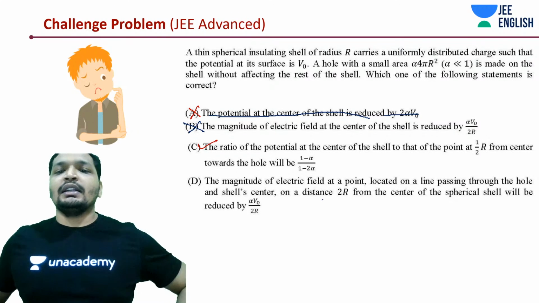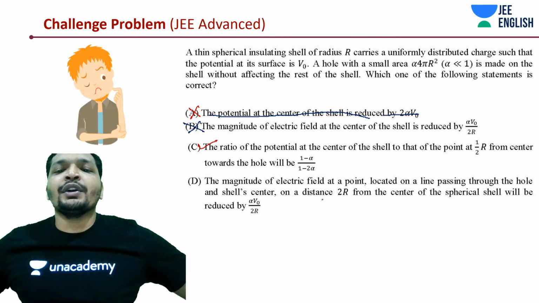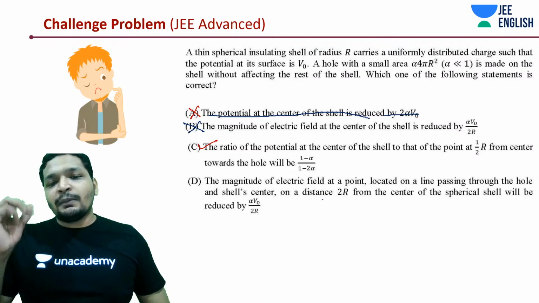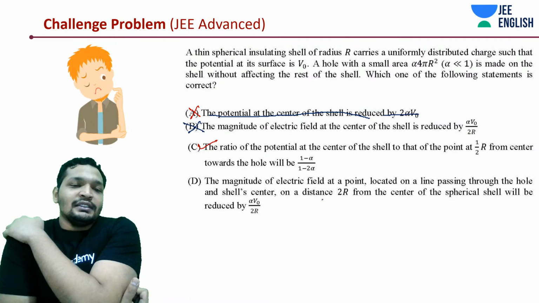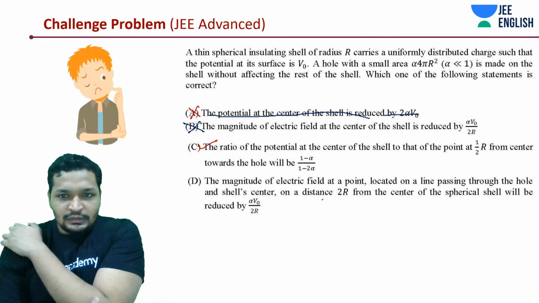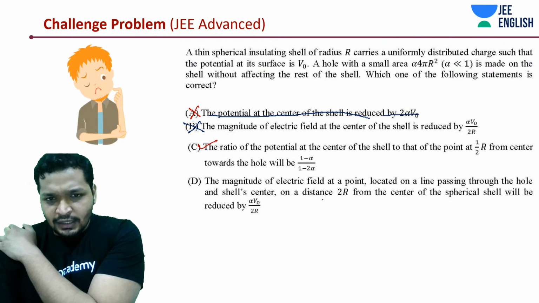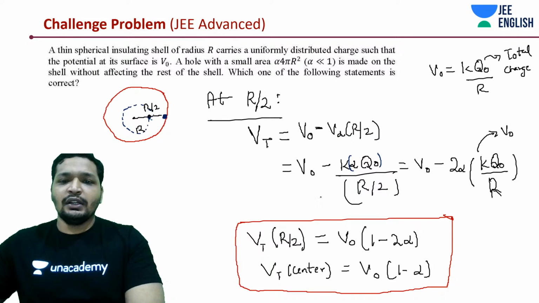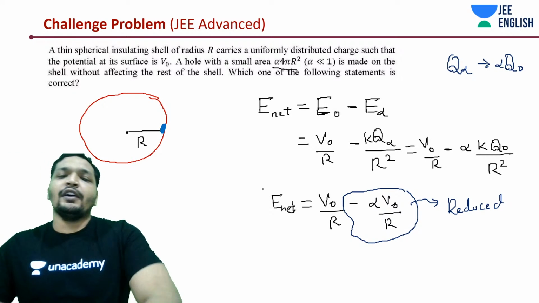On a 2R distance, one is going to be from distance 2R, which is the total sphere, whereas the point charge is, if it had been in the center, on the line passing through the hole and shell center. This is also an interesting one. So this one is clear, I believe. It has reduced by alpha V naught by R, not alpha V naught by 2R.